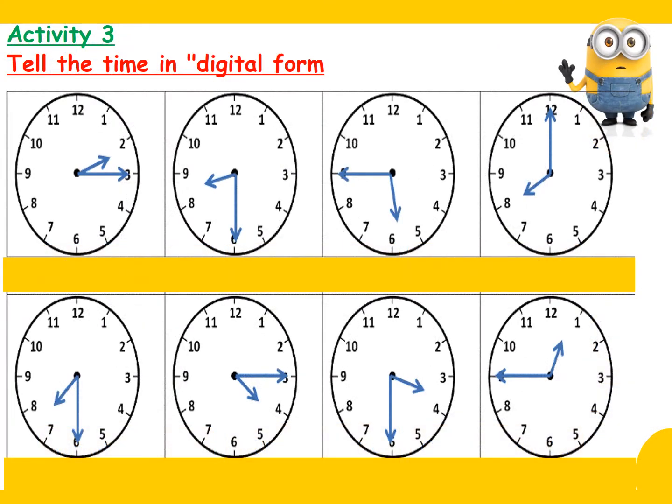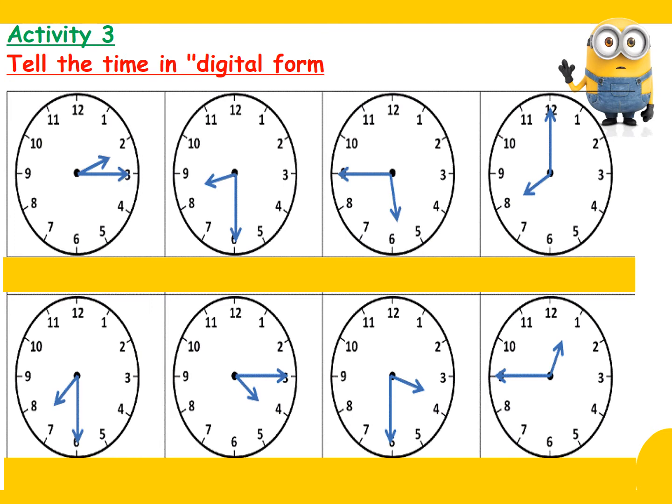Okay, primary 2, let's answer activity 3. Here we want to convert the time to digital form, which means we will look at the short hand first and write the time. And look at the long hand and see how many minutes. If the long hand is on 3, it will be 15 minutes.